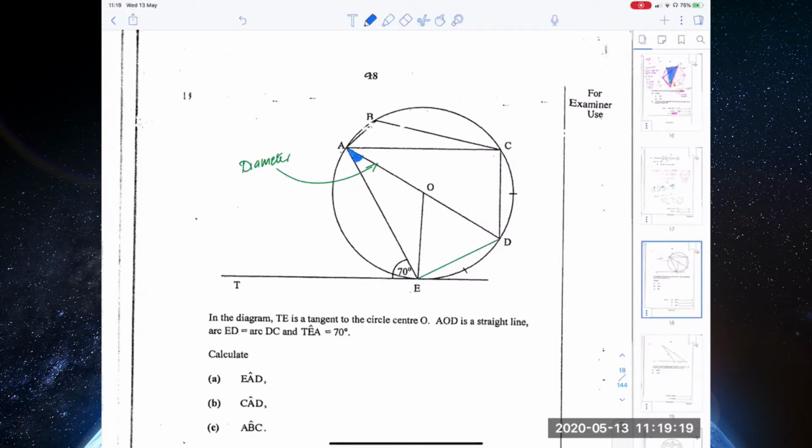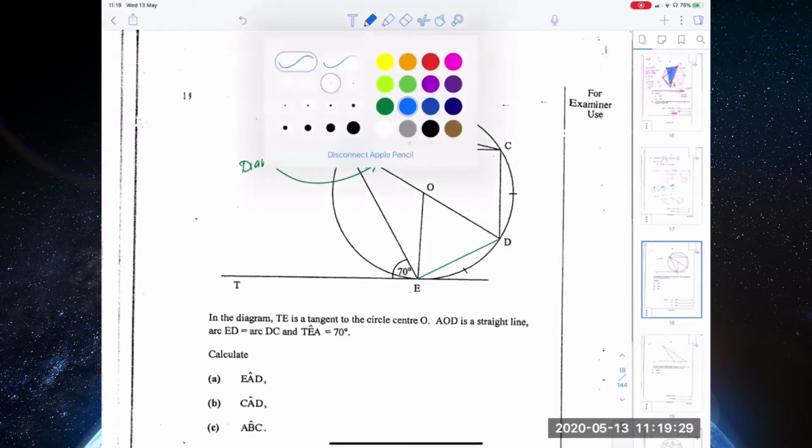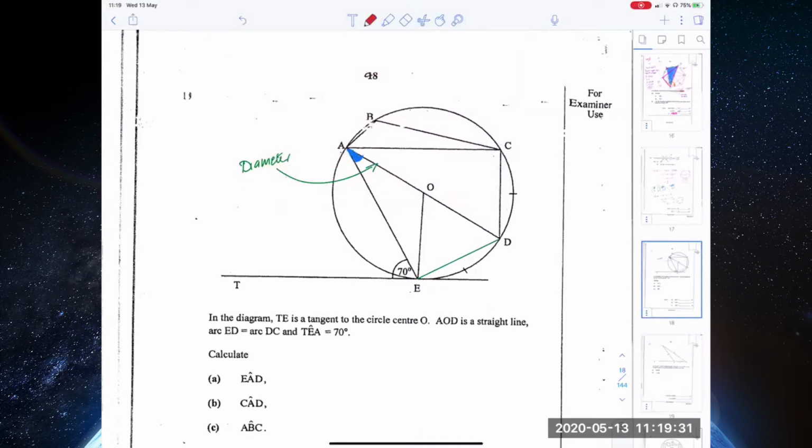So what do you think that angle is, EAD? How do we work out EAD? 70. You think it's the same as 70? Why do you think it's 70?